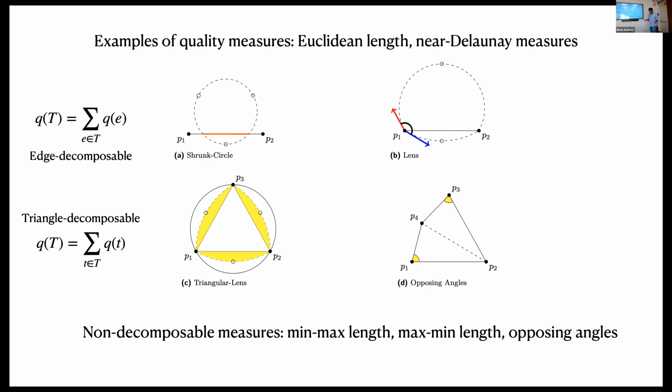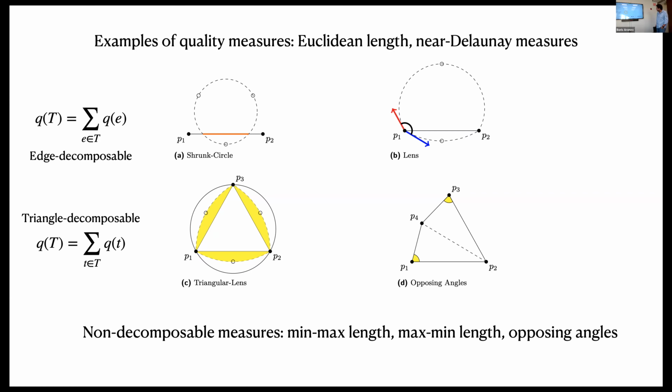And basically the bottom line is whatever algorithms I'm going to show for the diverse and nice triangulations problem, they will work as long as the quality measure is decomposable, meaning you can write down the quality of a triangulation as a sum over edges or triangles. Non-decomposable measures, like if you want to minimize the maximum edge length in a triangulation, are not decomposable. So the methods I'm going to tell you won't work for that.